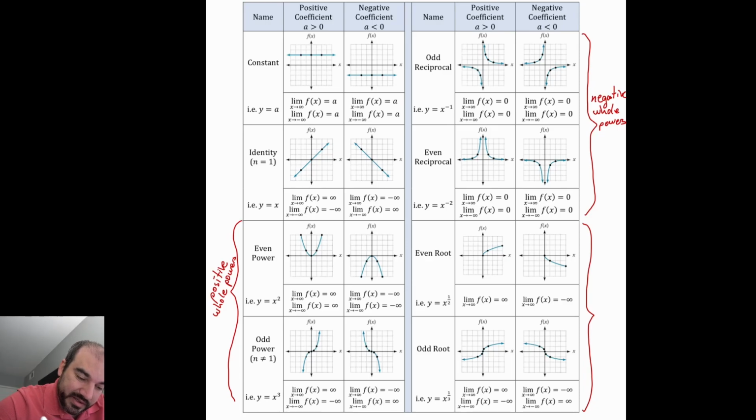And the last two here are, what do we want to call these? I guess we'll say rational power. I don't want to say rational.